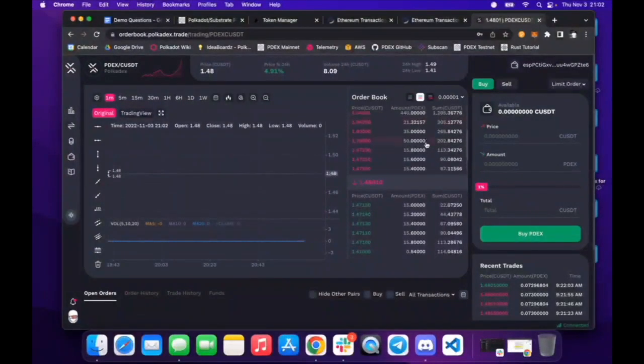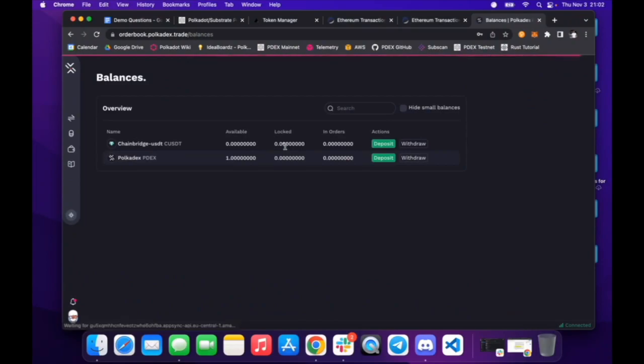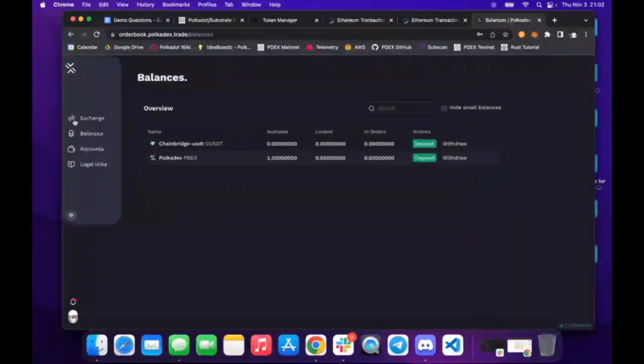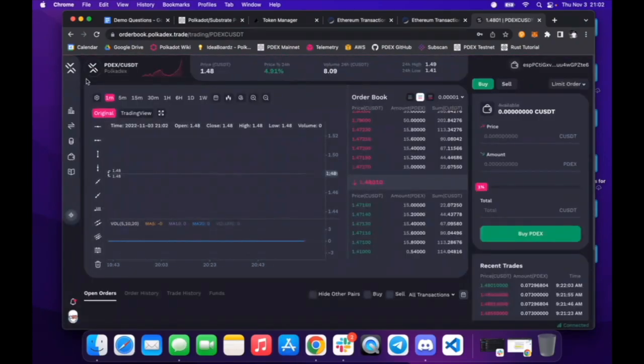Let's say right now my balances are, I have one PDEX token. And at the moment, the only market that we are supporting is PDEX/CUSDT, which is a Chainbridge USDT, where the base asset is PDEX and the quote asset is USDT.